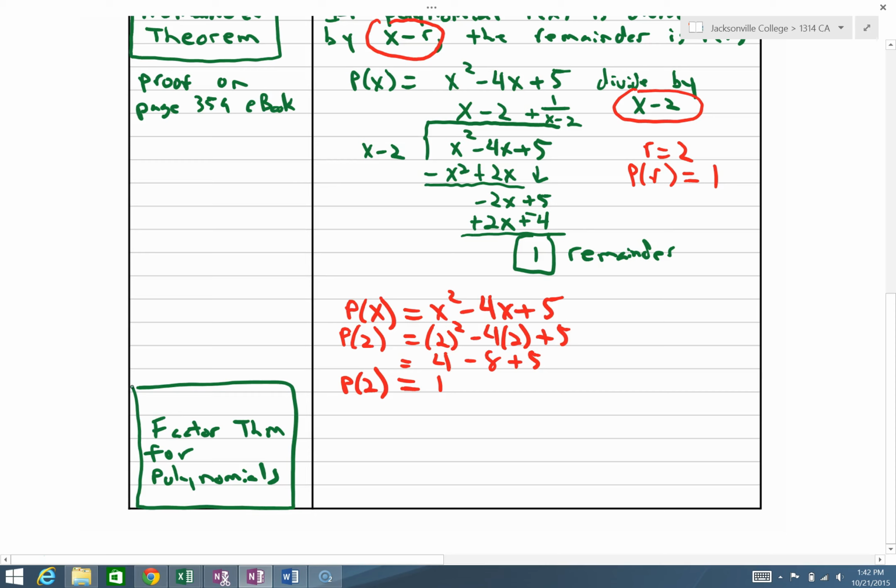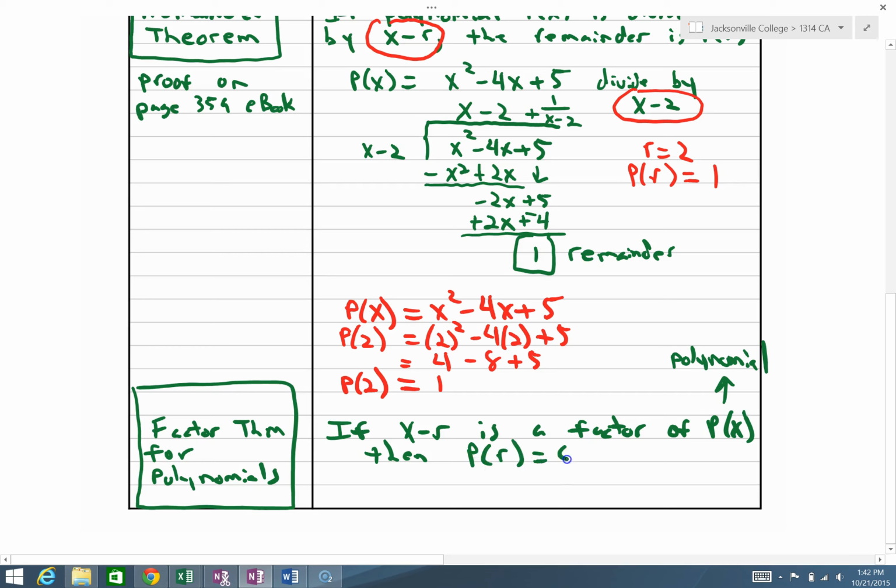The factor theorem says if x minus r is a factor of P of x, that polynomial, then P of r will be 0.